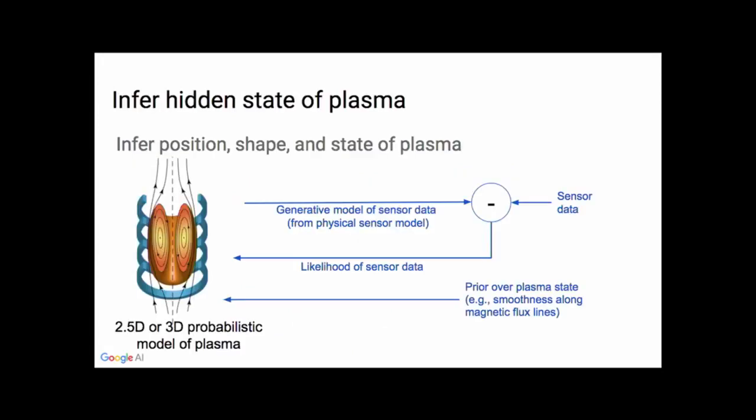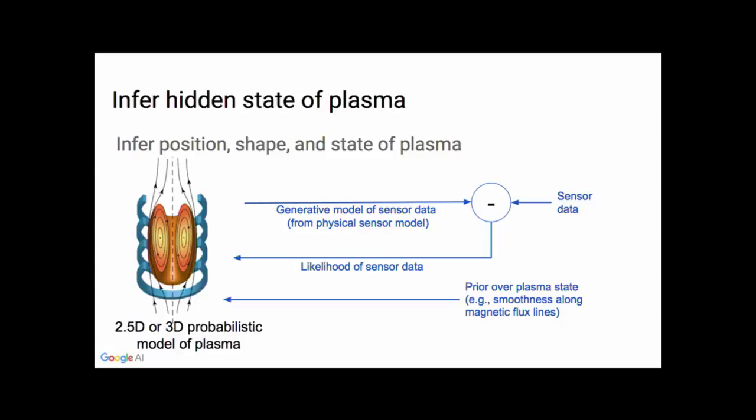And so, of course, we decided to do a Bayesian inversion, where we're trying to infer the hidden state of the plasma, which consists of where it is, what its shape is, what its temperature is, and what density it has, again going back to that triple product. And the way this works is what you might expect from a Bayesian setup.